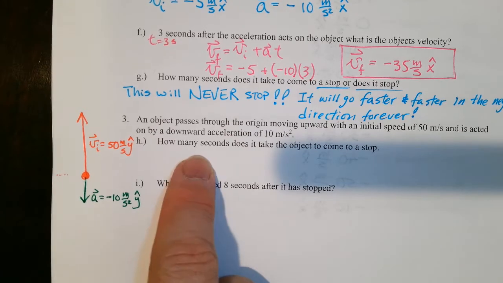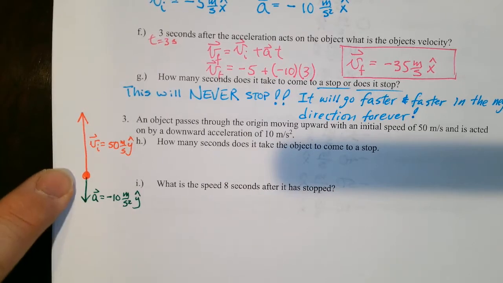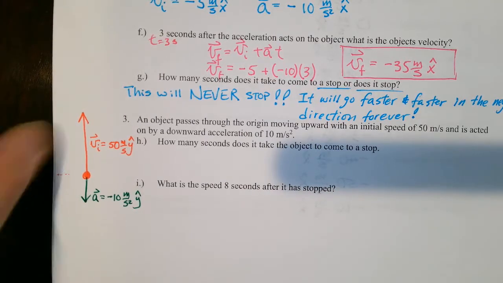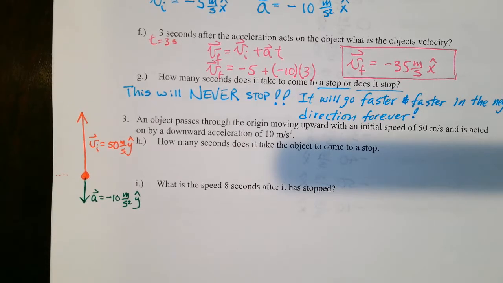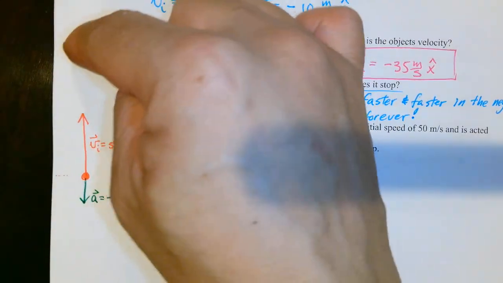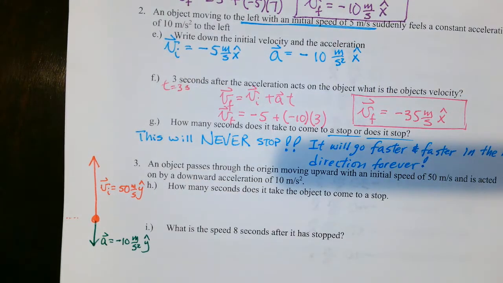So how many seconds does it take for an object to come to a stop? When this thing is going up at 50 meters per second, and is slowing down by 10 meters per second every second, how long will it take to stop instantaneously, just for an instant, and then start to fall back down 10 meters per second every second?